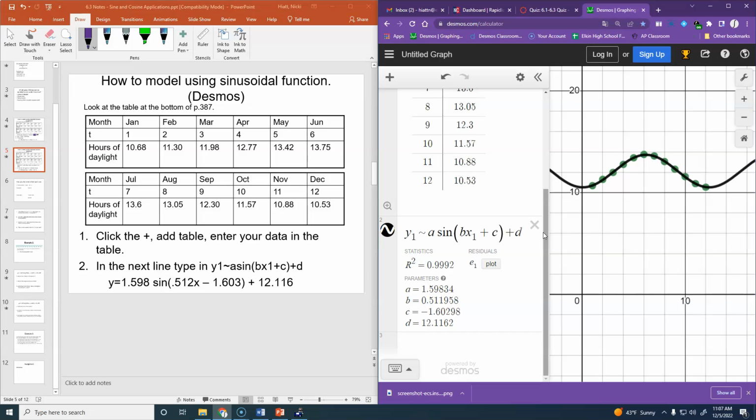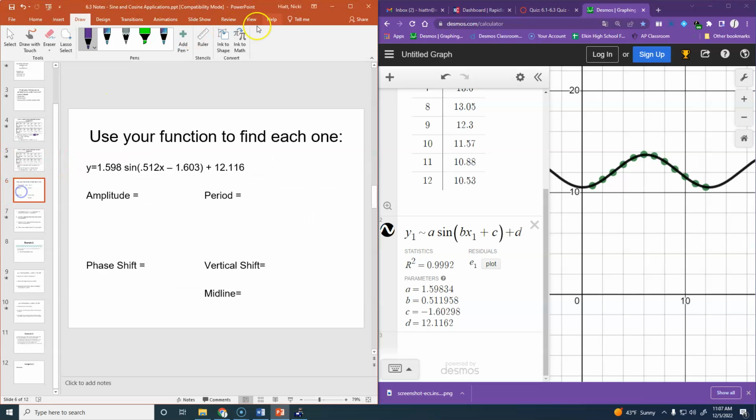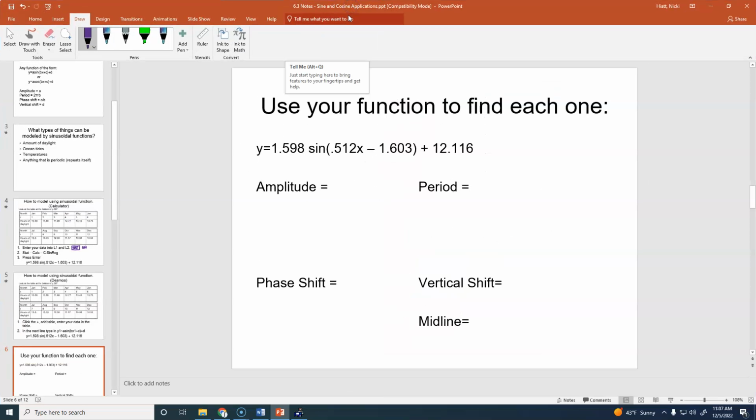A sine bx plus c plus d. So I think this is the easiest because it's all basically the same. All right, questions on finding this? All right, we need to move on. We're running short on time.